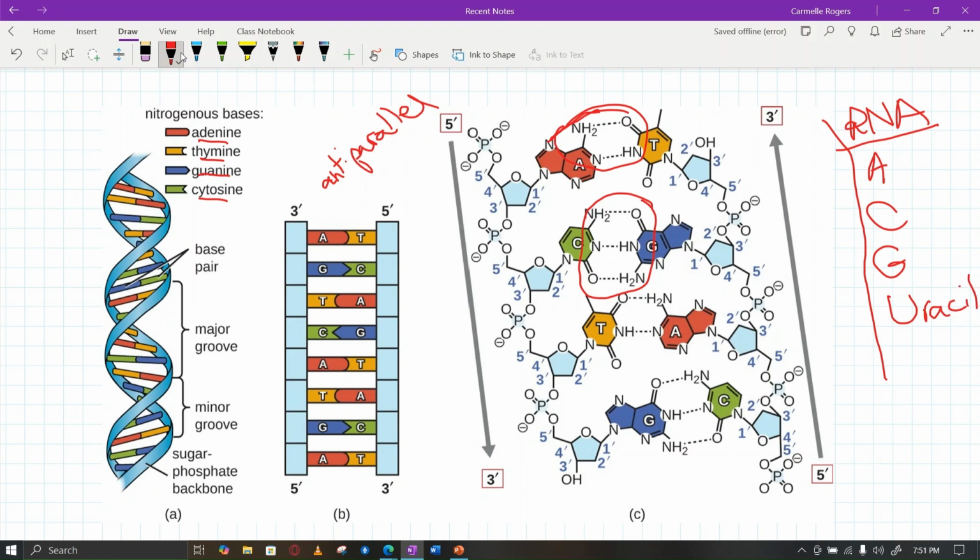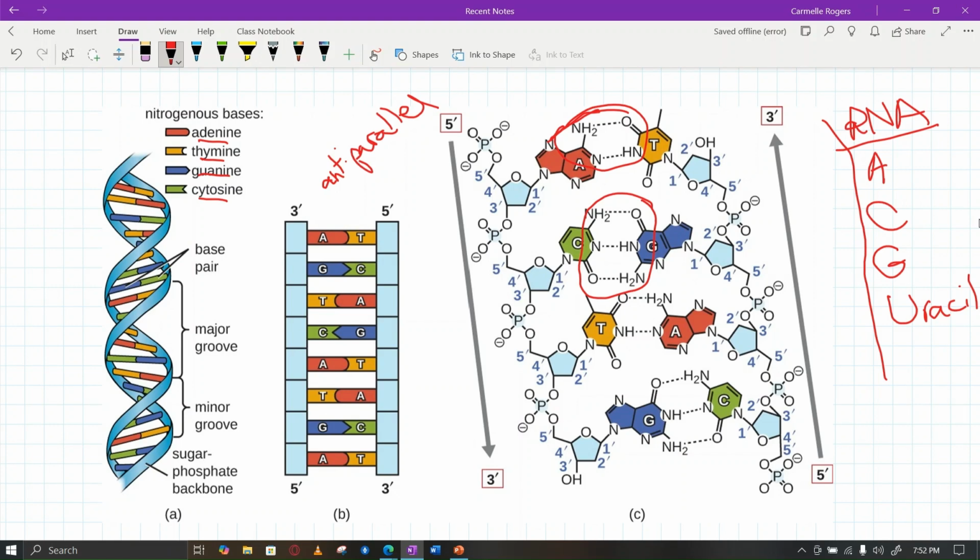Uracil, if we were to pair that with DNA, uracil will pair with an A. We still get the regular C with G, and so uracil with A. And these are some of the comparisons that you want to keep in mind.